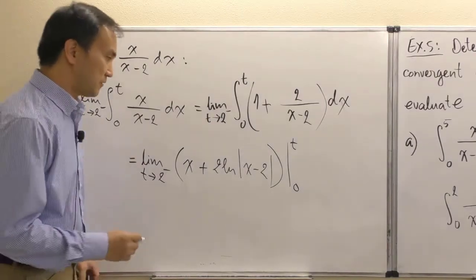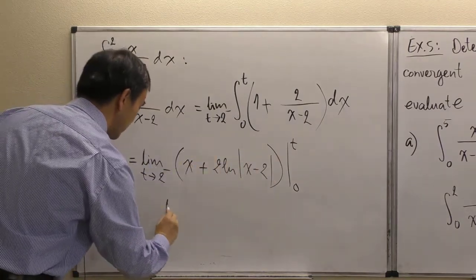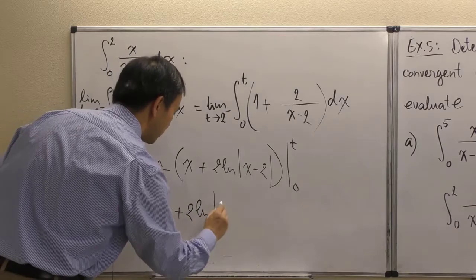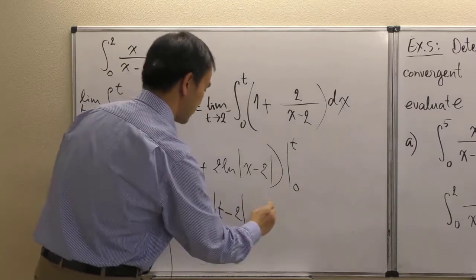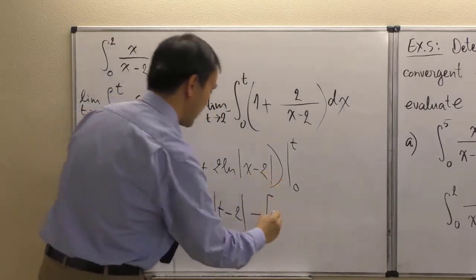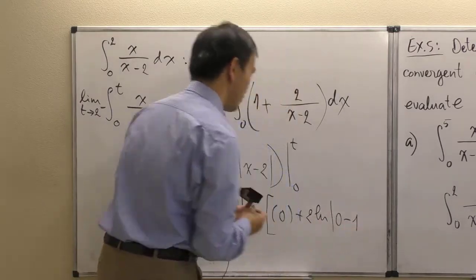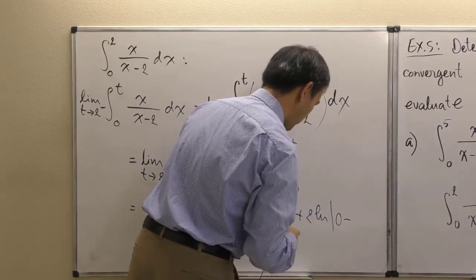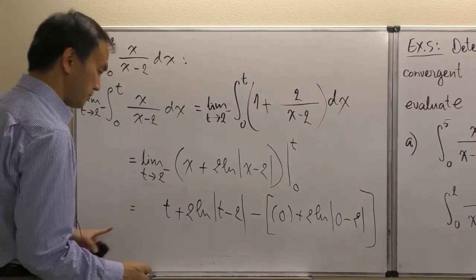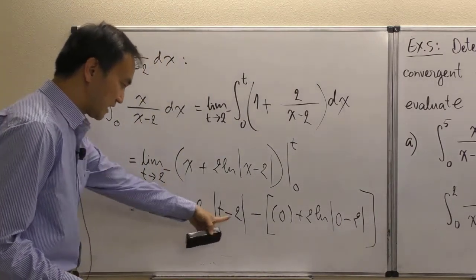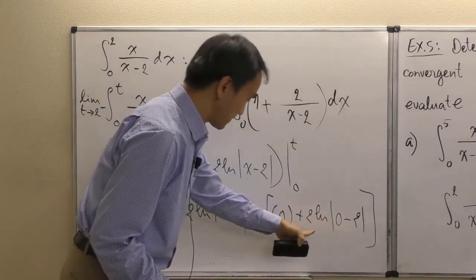Now further with the calculation, I'm substituting t into the expression. It's t plus 2 times natural log of t minus 2. And then I'm going to subtract further. I'm going to substitute in 0 for every x, so it's 0 plus 2 times natural log of 0 minus 2. That is a term in terms of t. That is another term in terms of t. This is a 0. This is a natural log of 2 eventually, multiplied by a 2.